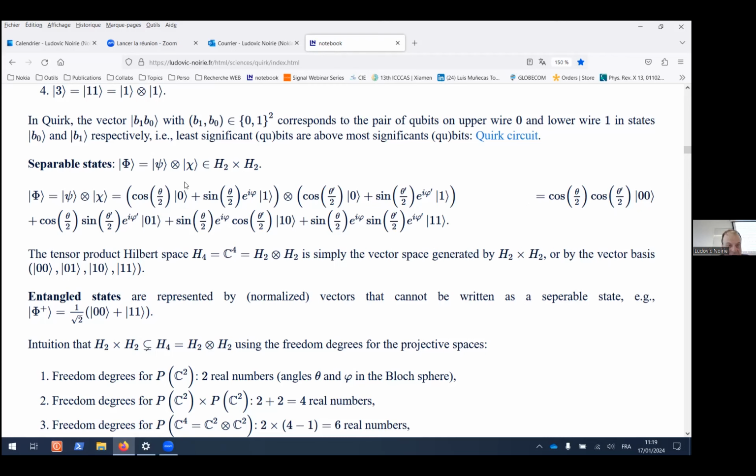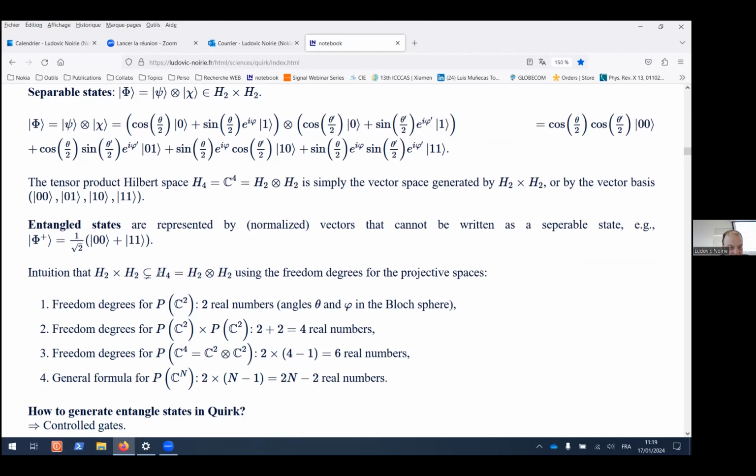So this state cannot be represented by something like this. So we have a strict inclusion. The Cartesian product is included but not equal to the tensor product of the components here, which represent any state for the pairs of qubits.